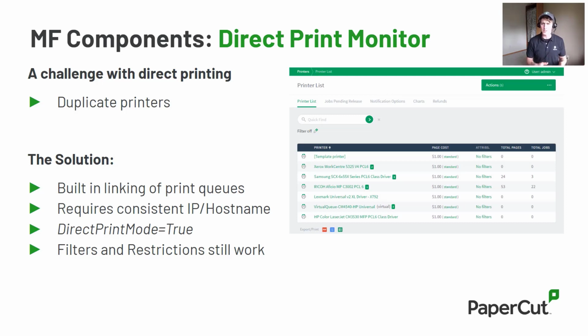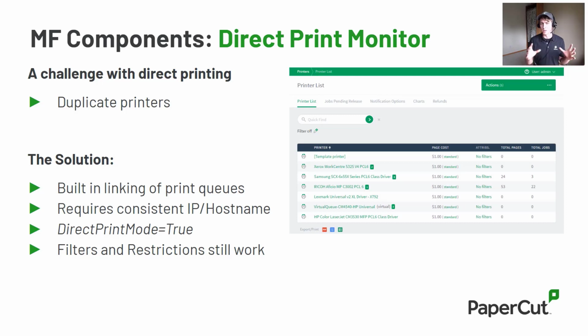The answer is, well, yeah, we'll just install the direct print monitor on all of those end users' computers. But when you do that, each of those print queues, even though they're all going back to a unified central printer, they all represent basically a different object to PaperCut. So we don't know that that's a different printer. We just, in the database, we see it as a completely different printer, even though it's the exact same device.